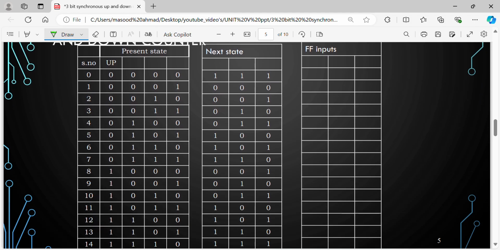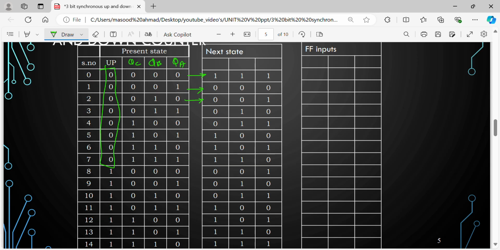That's all. So in the present state, let's say I have 3 flip-flops, QA, QB, QC. When up is 0, 000 is going to the next state 111. For 001 it is going to 000. That means it is counting down.